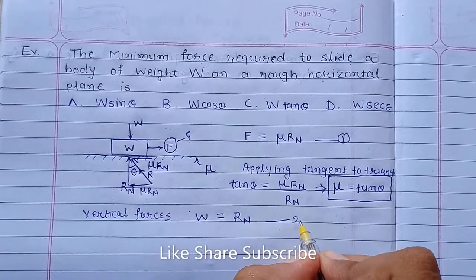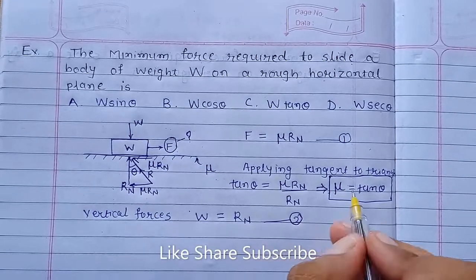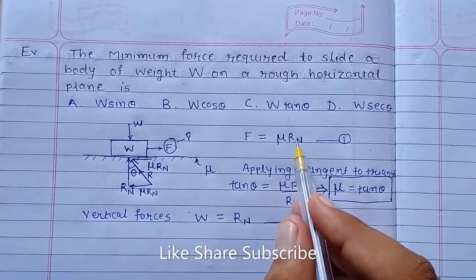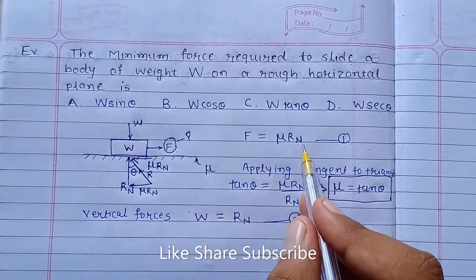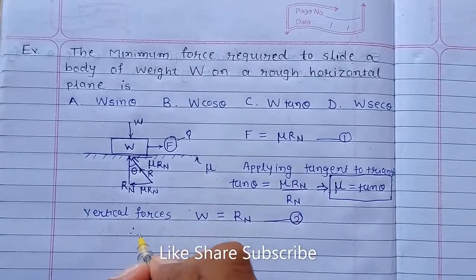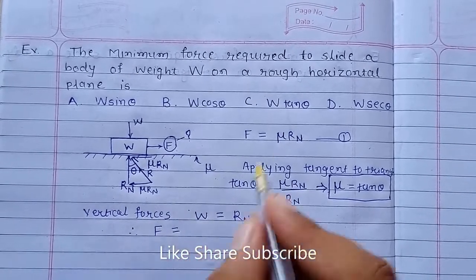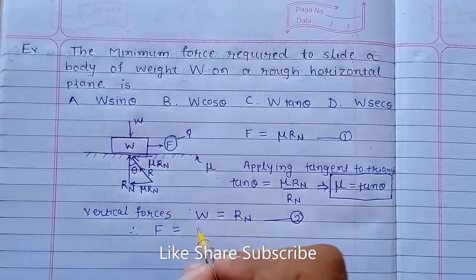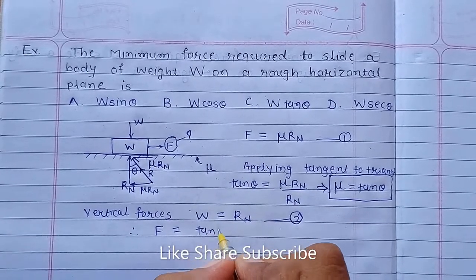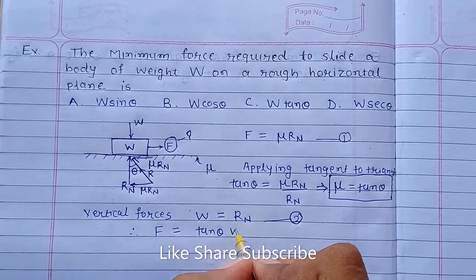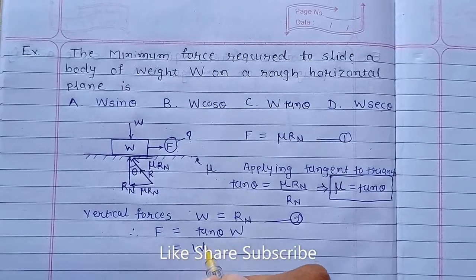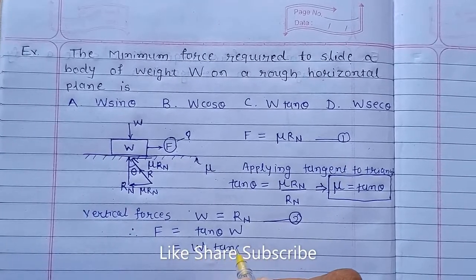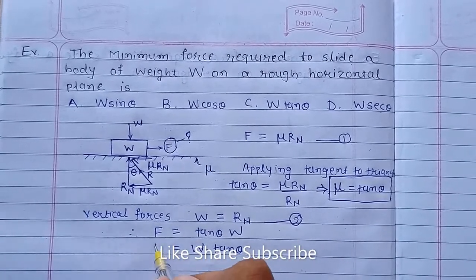So this is our other equation, equation 2. Now put the value of mu into equation 1 and the value of Rn from equation 2 into equation 1. We get the minimum force F, where mu is equal to tan theta and Rn is equal to W. So our answer would be W times tan theta.